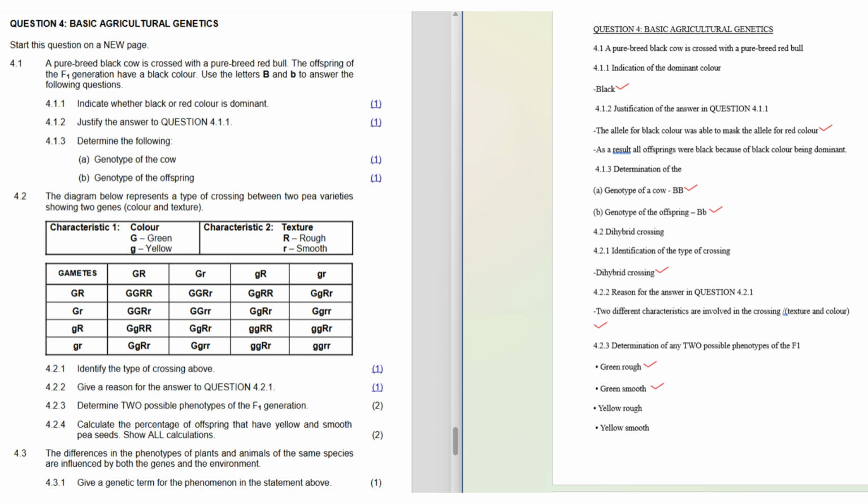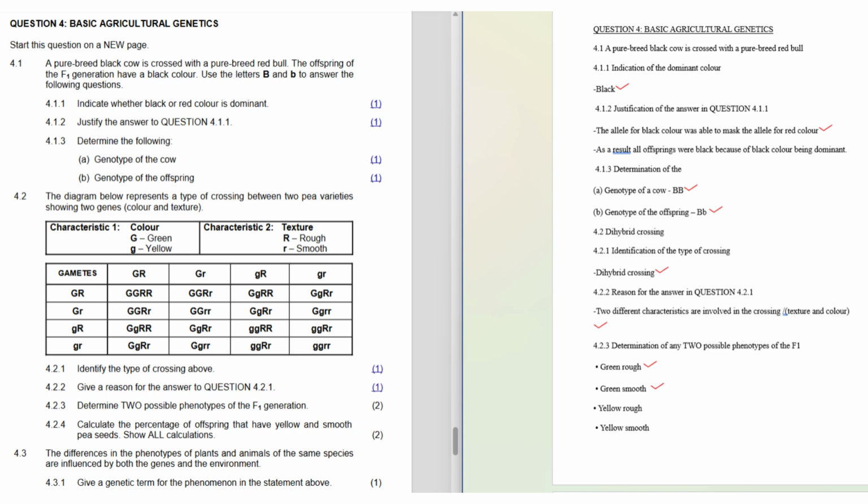Then 4.2, the diagram below represents a type of crossing between two pea varieties showing two genes. So we have two characteristics, a color and a texture. For color we have green and yellow, for texture we have rough and smooth. Then 4.2.1 asks for the type of crossing above.